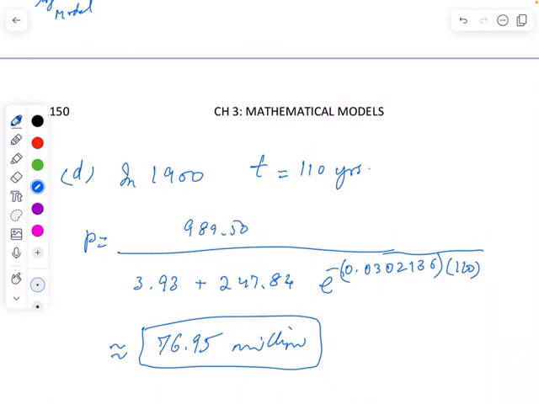The only new thing that we are plugging in is 110 for t, and when you do, you get this population. If you compare it with the population in 1900 in the given table, you will see that we are very close to that. So this is how you use the logistic model and the Malthusian model.